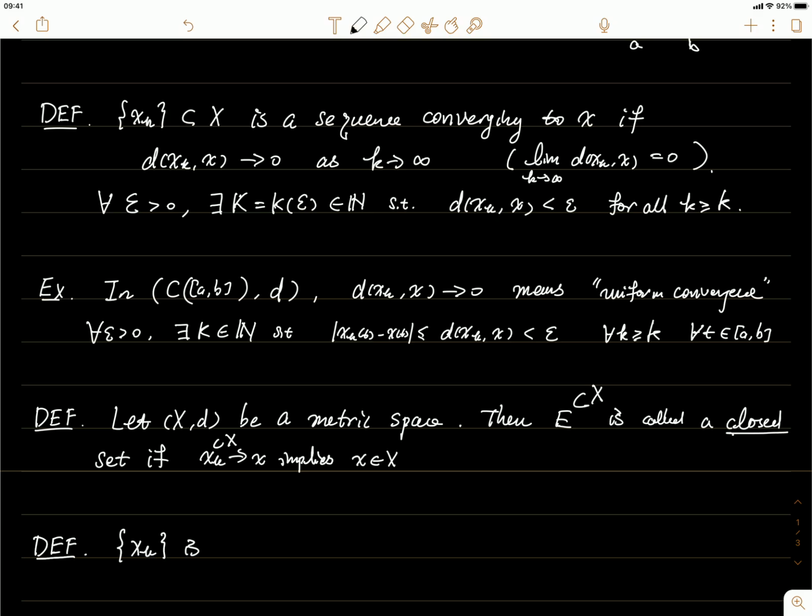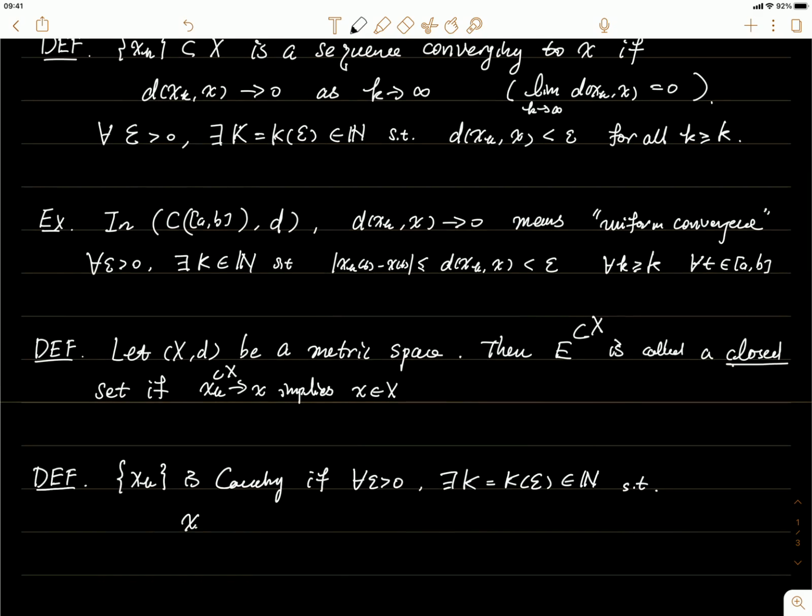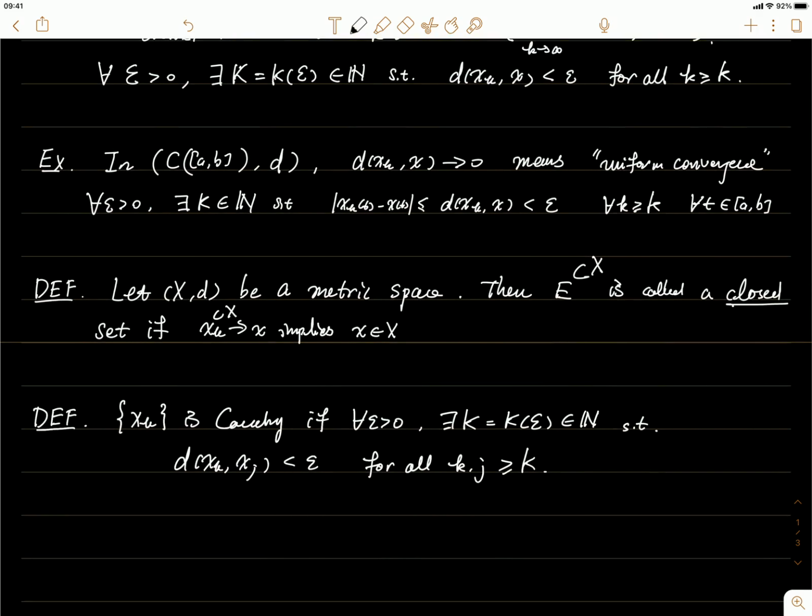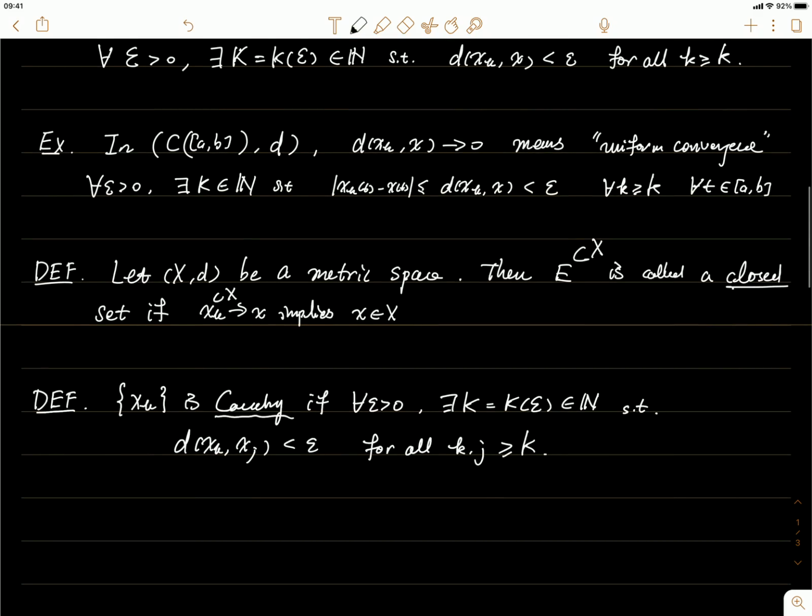We say a sequence is Cauchy if for any epsilon greater than 0, there exists some K, and again this K depends on epsilon, such that the distance between xk and xj is less than epsilon for all k, j greater than or equal to this capital K. By introducing the Cauchy sequence, we can define completeness.